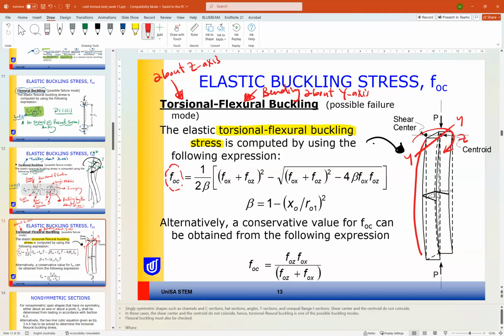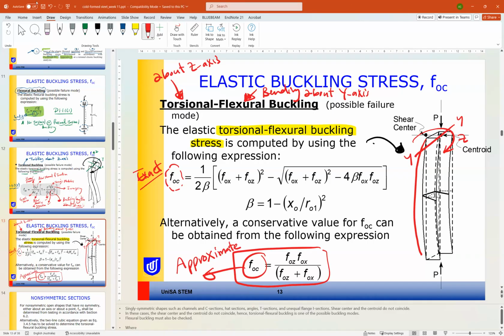Or conservatively, we can find FOC using this formula here. So this is the accurate or exact one. This is the approximate or conservative value of it.